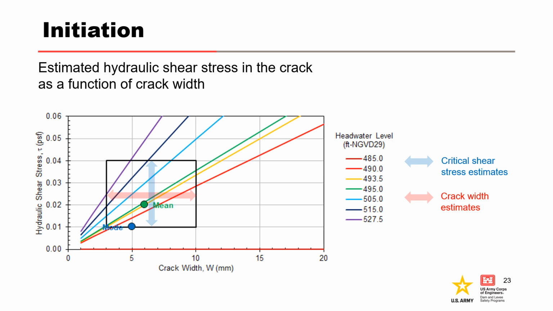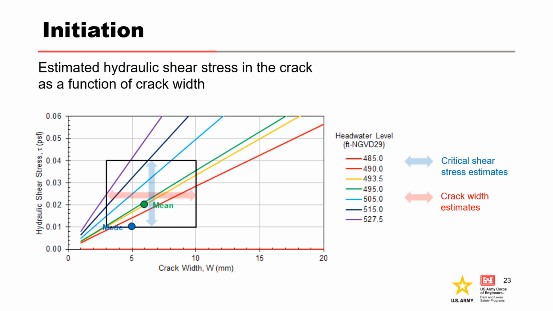This slide shows the RMC Concentrated Leak Erosion Initiation Toolbox output that can be used to inform the likelihood of initiation. The multicolored series of lines are the hydraulic shear stress as a function of crack width for different reservoir levels. For this case history, the reservoir levels of interest range from the peak reservoir elevation of 493.5 to elevation 485, which was the entrance location of the pipes.